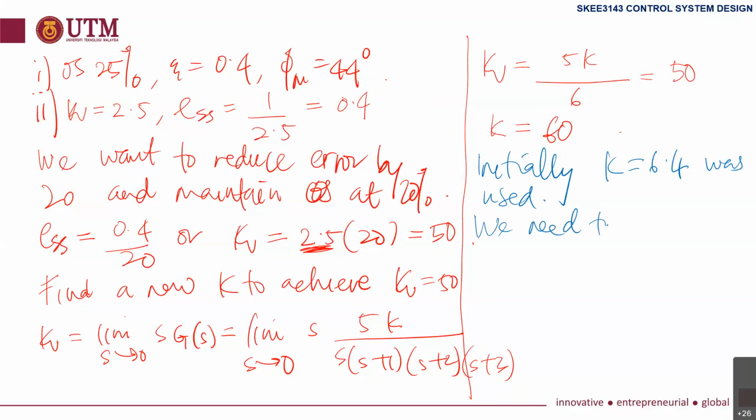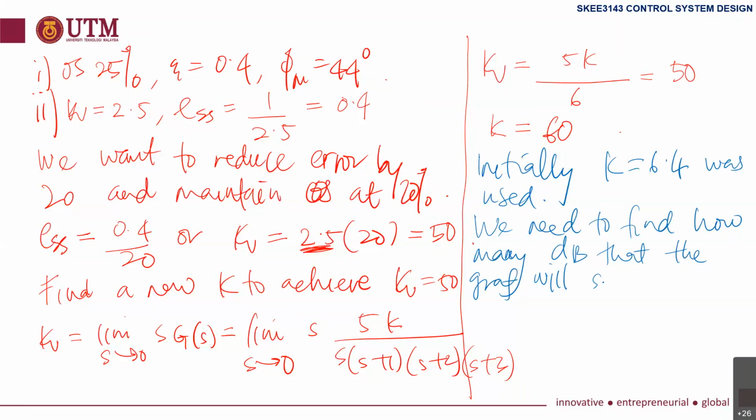to find how many dB the graph, or the magnitude, will shift. How much does it change when we use 60 instead of 6.4?